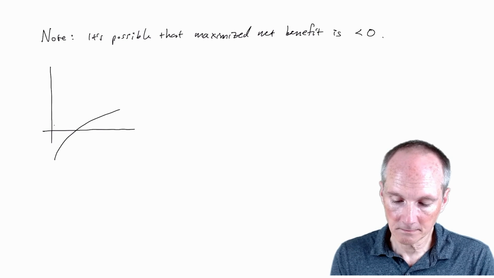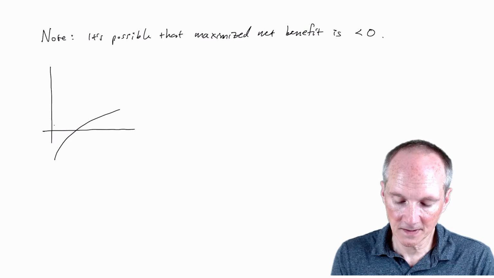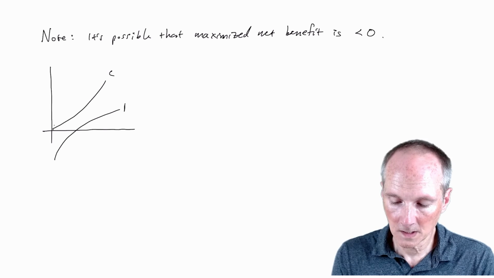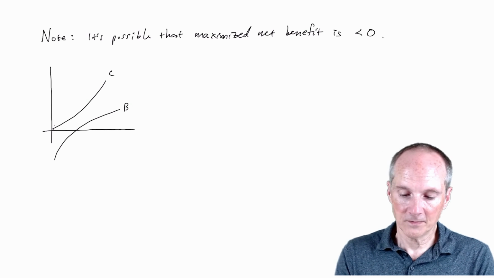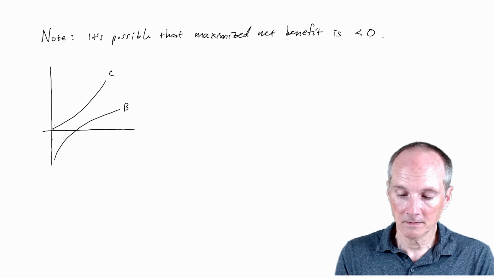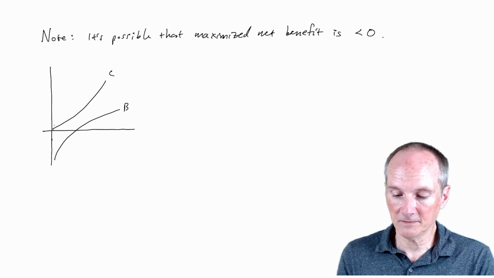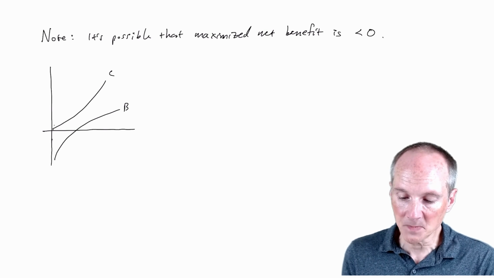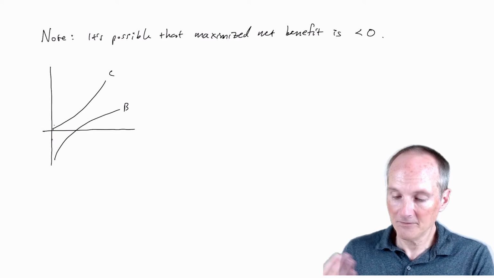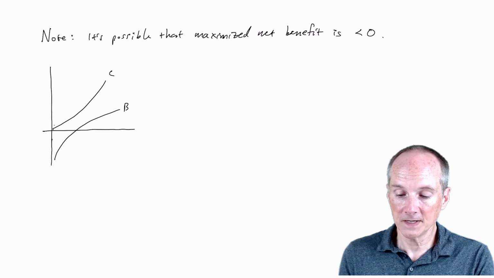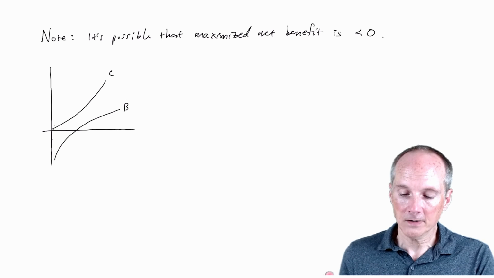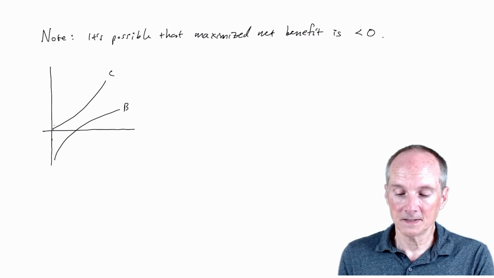Like this, and a cost function that looks like this. For example, the log functional form of the benefit function would look something like that. And everything we said before is true. So there is an optimal scale there, and it's unique, and it's positive.